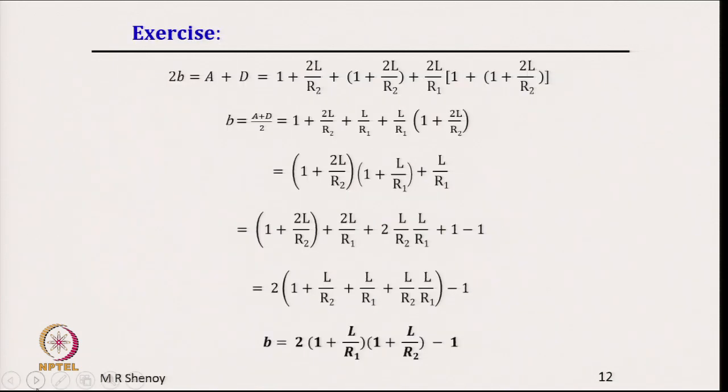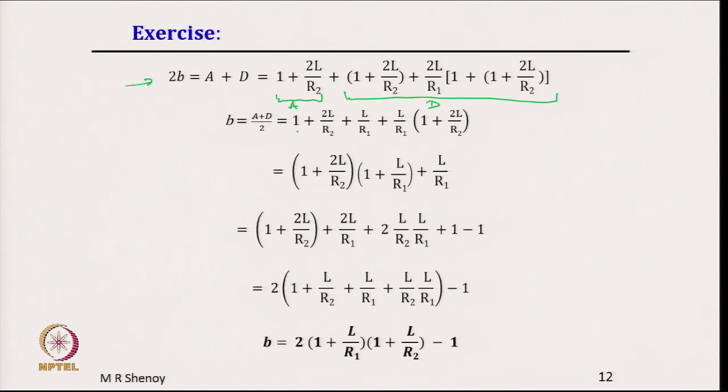All right. Finally, I mentioned that I will show 2B is equal to A plus D, where this is the element A and the rest of the element here is D. So, this is A and this is D, and therefore B is equal to (A plus D) by 2. You can simplify this, 1 plus 1 is 2, so there is 2 everywhere.